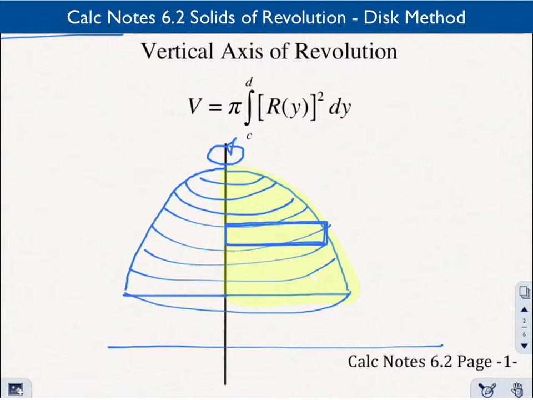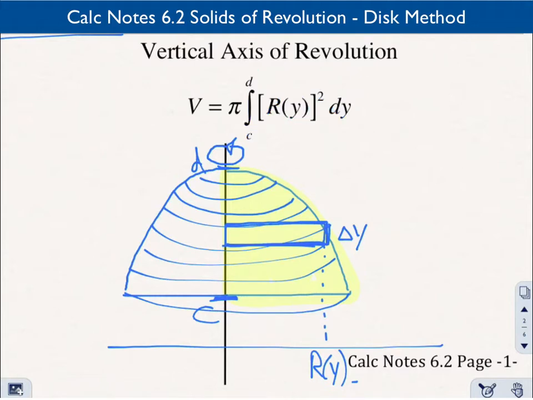Now, if we look at this, the radius along here ends up being the value r of y. Okay, and the width of this rectangle is delta y. And our interval here is going to be from C to D. And notice these are going to be y values here. And so the volume formula is very similar. It's just going to be pi times the definite integral from C to D of r of y squared and then dy.